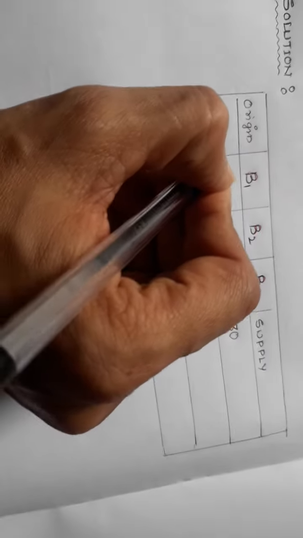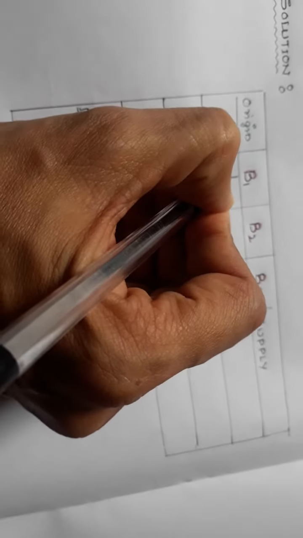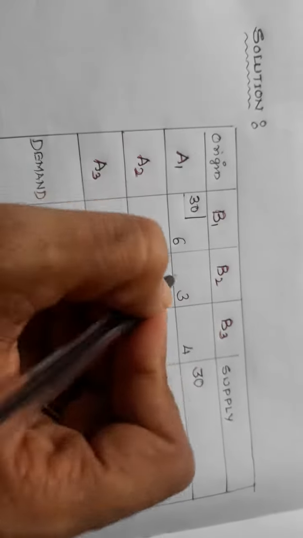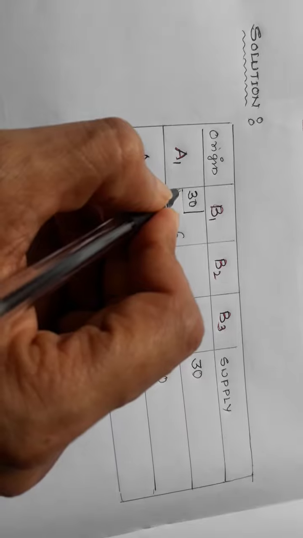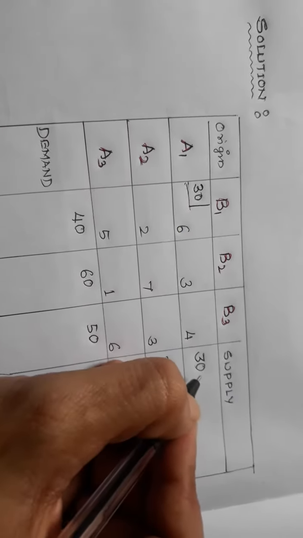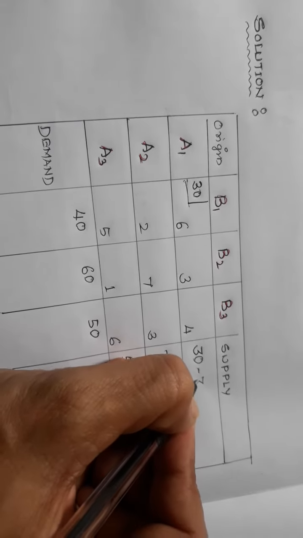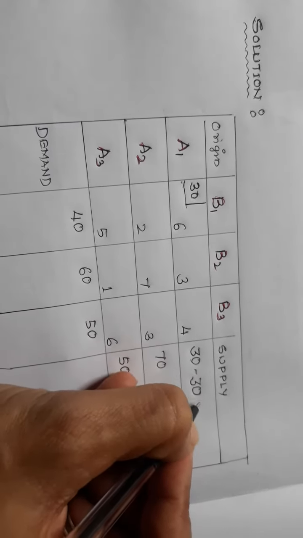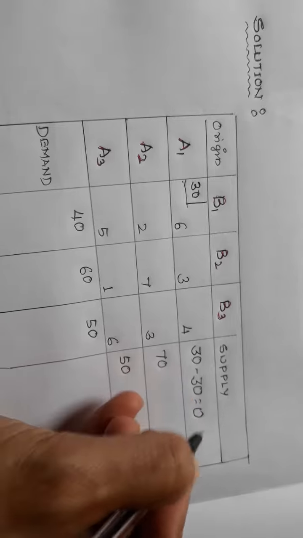Now here make a box and write down 30. 30 minus 30 is 0.